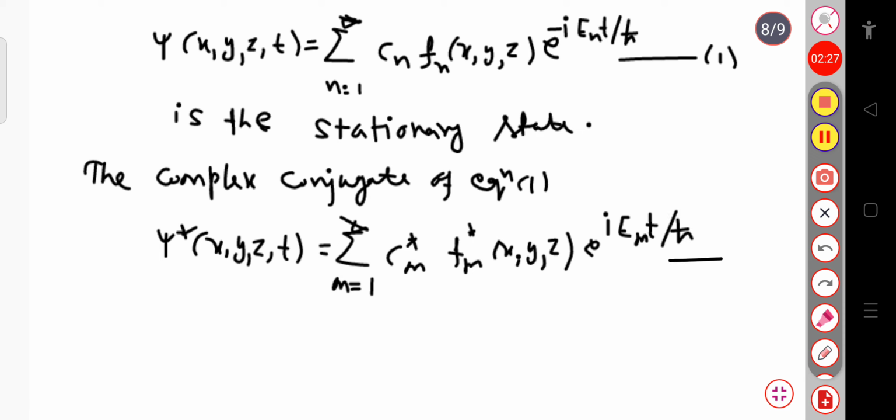This is your equation 2, the complex conjugate of equation 1.